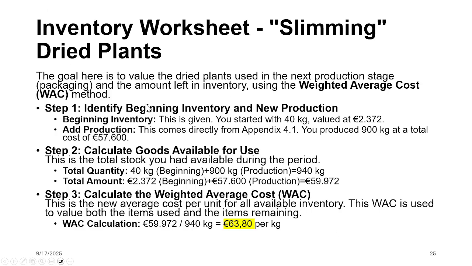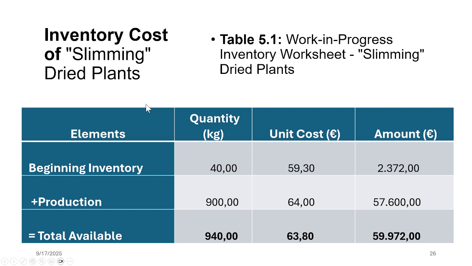Now here is the work in progress inventory worksheet. In general, when we want to calculate the work in progress inventory, the sum of the beginning inventory and production should equal the total available for consumption in the future, right?